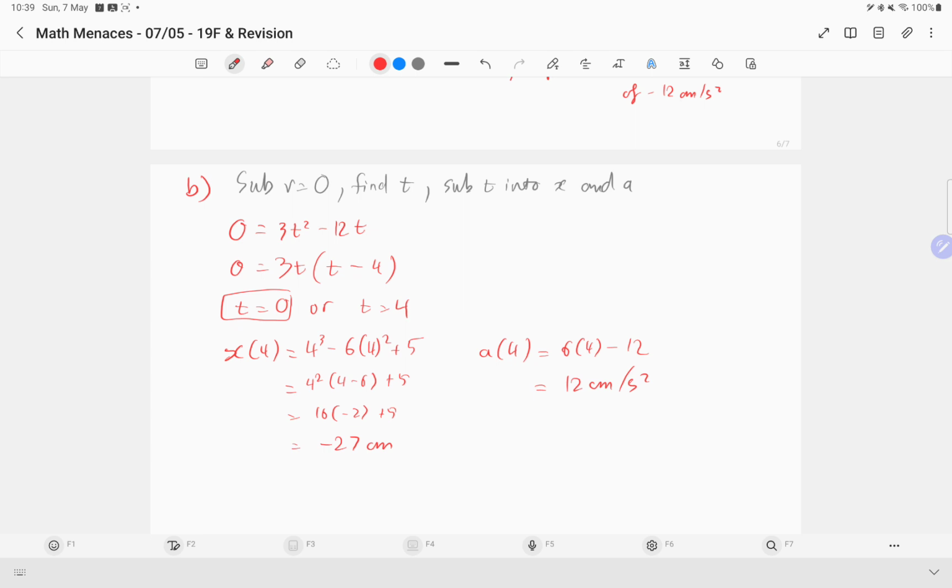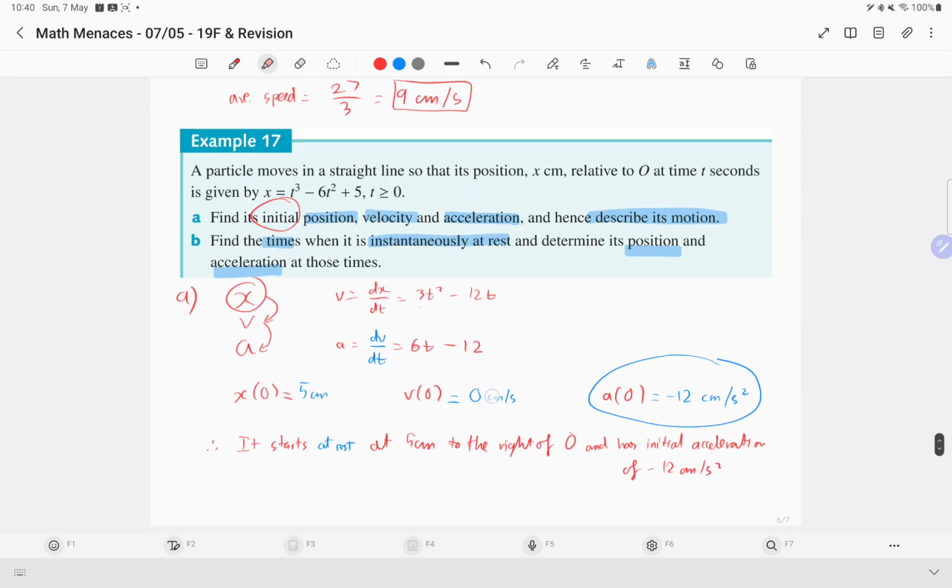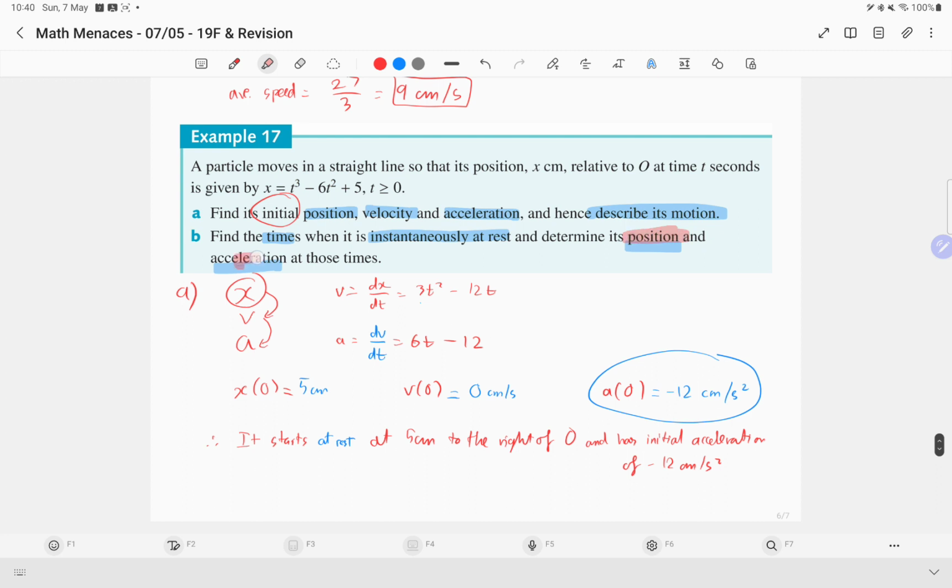Okay, all right. Therefore, it is at rest instantaneously. Do you guys know what instantaneously means? This term is a really big word. Why did you put 4 into a? Oh, because they asked you to determine the position and acceleration at those times.